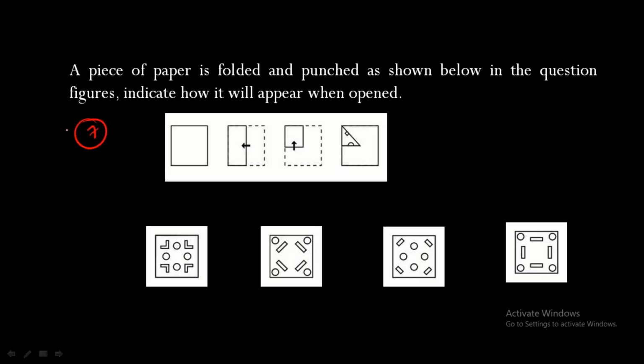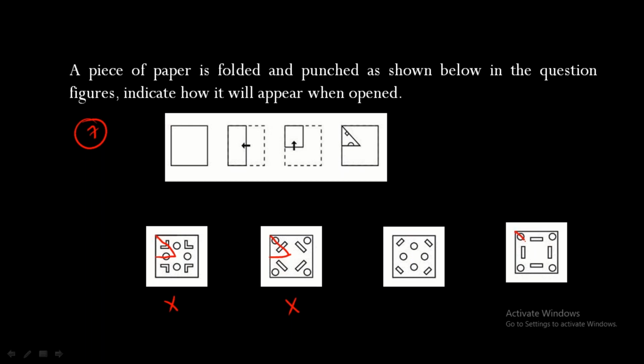See the seventh one, spotting out embedded figure. Use spotting out embedded figure. This one is required. Where is it there in the options? If you see this top corner, no, this is bent, so this is not correct. If you see this, not correct, not available.